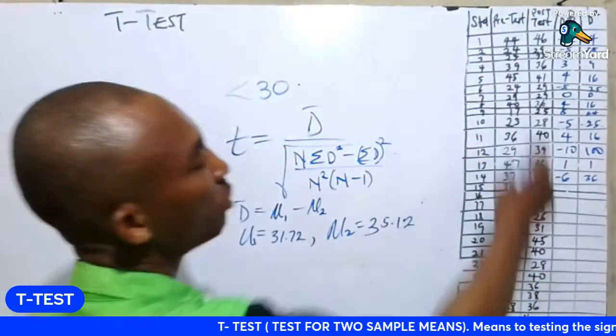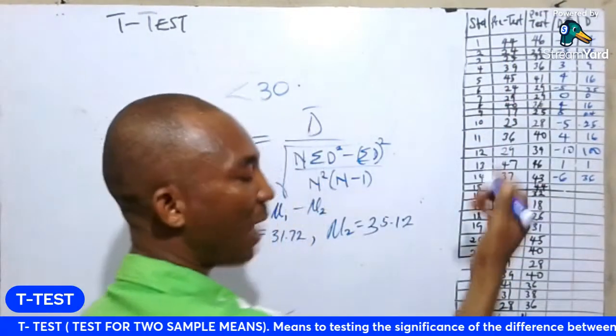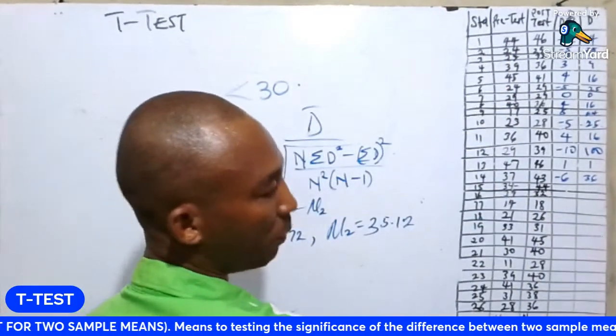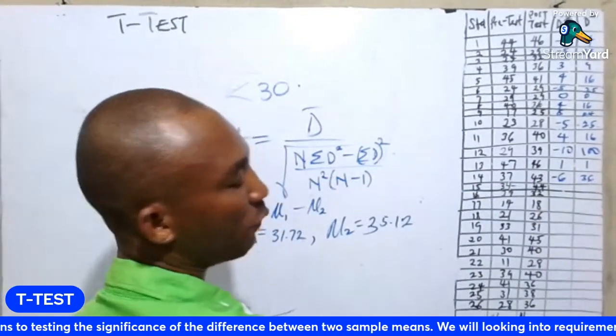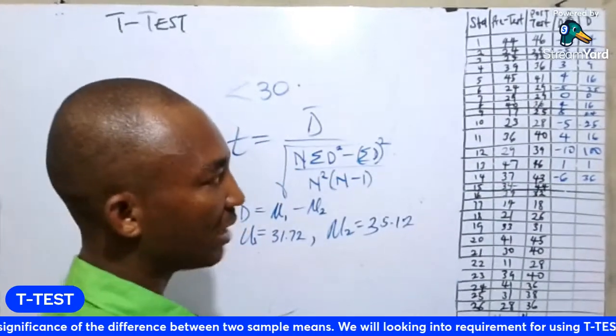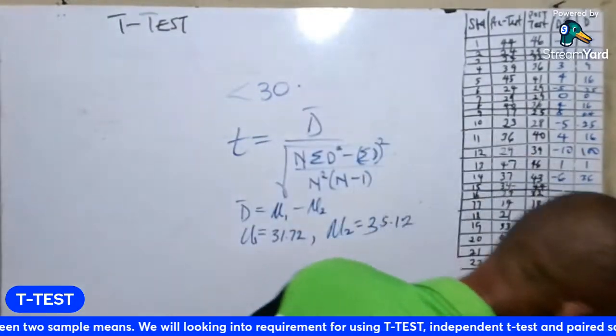So what you just have to do here is to add everything together and divide it by 26, and that will give you the mean of the post-test. Add everything together here, divide it by 26, that will give you the mean of the pre-test. And at this junction now, you have to get your d square.